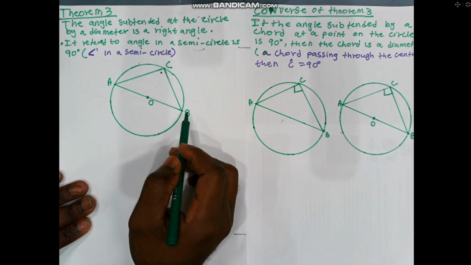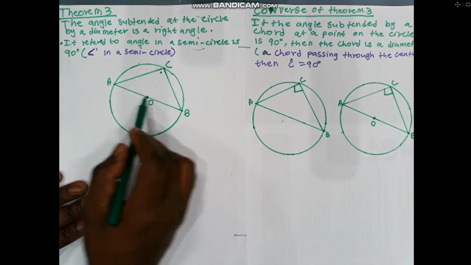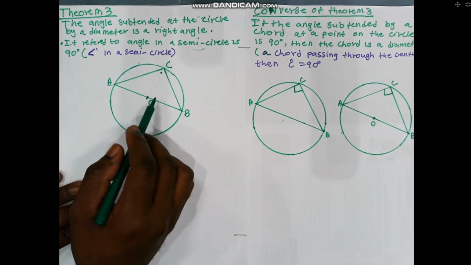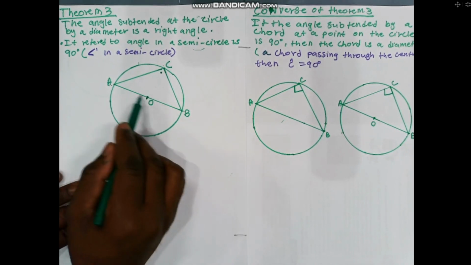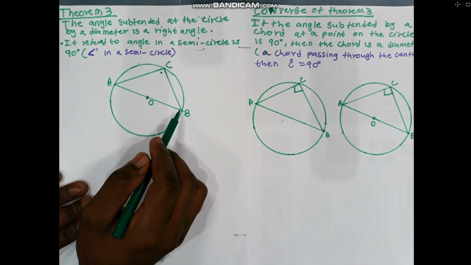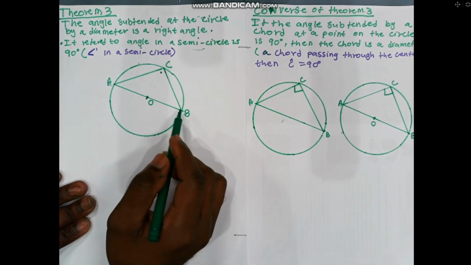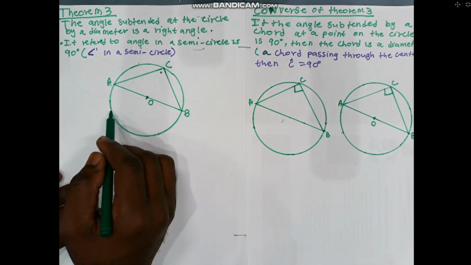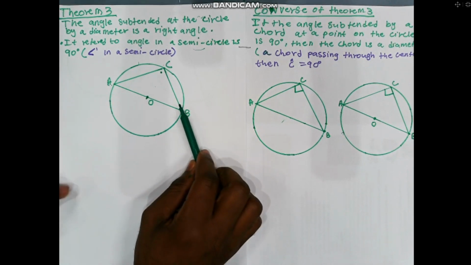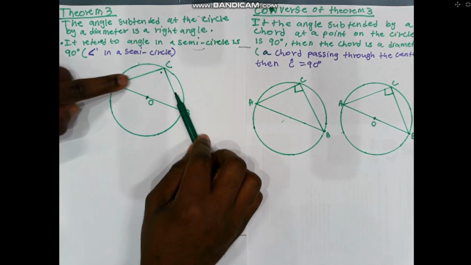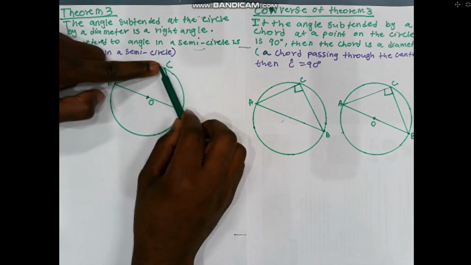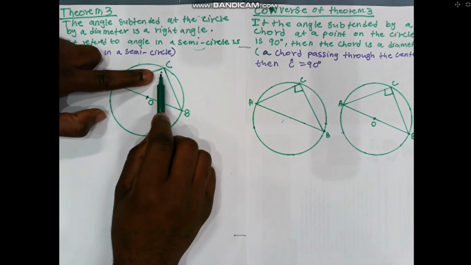Something is very important here. O is a center, and then we have this AO, which is a radius, and then OB, which is a radius. These two radii are on the same line, making your diameter. So make sure that when you see the shape, you must have a diameter, and then from here to here, we have this line going to that angle that's going to make this angle here 90 degrees.